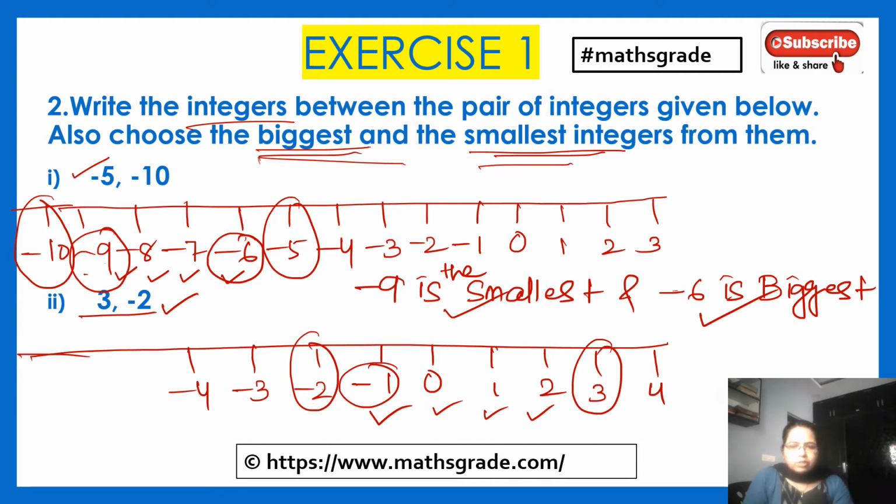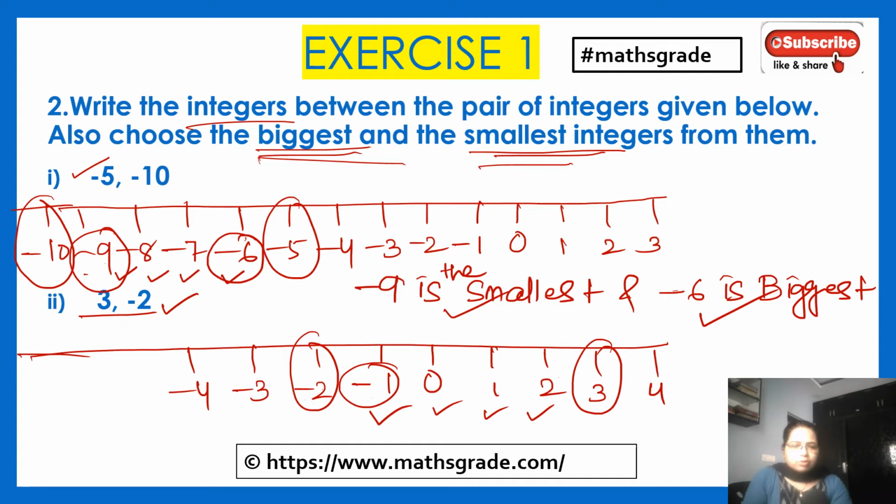Here -1 is the smallest integer, then 0, 1 and 2. We know all positive integers are greater than the negative integers.